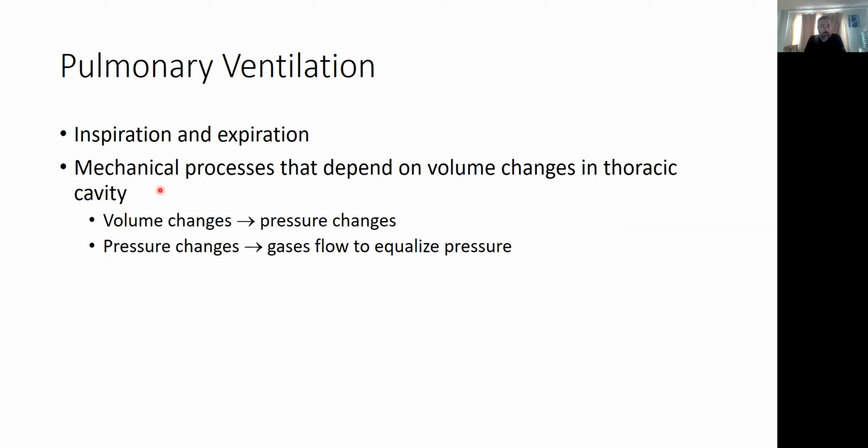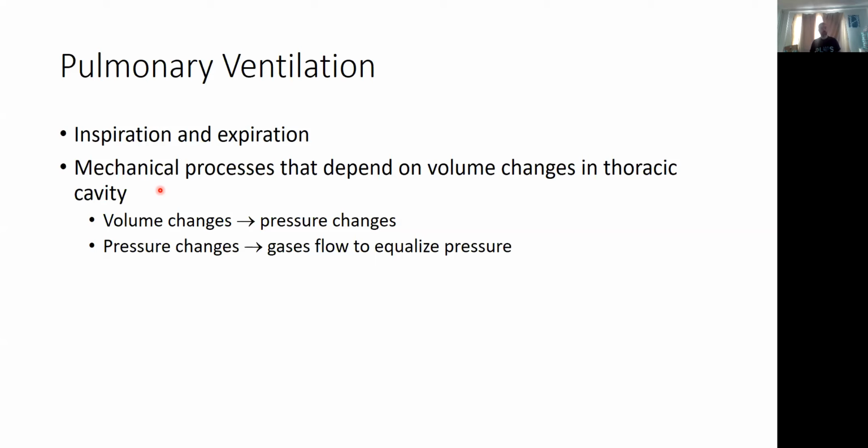Ventilation then is going to be sort of our alteration of pulmonary pressure versus atmospheric pressure. It's really what it comes down to. And the way that we're going to do that is by changing the volume of the lung. If we make the volume of the lung bigger, we lower the internal pressure. If we pull down on the diaphragm, pull down on the base of the lung, we suck.